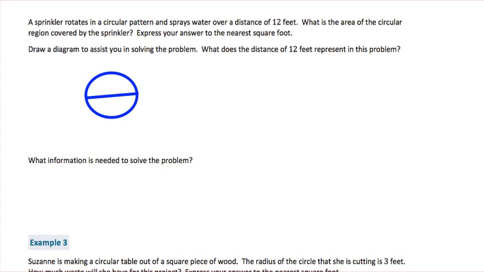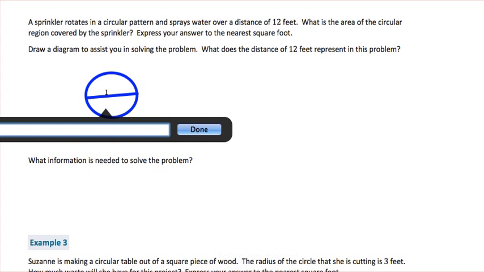So I've drawn a circle, and then I've drawn a line across the circle because it tells us that it sprays water over a distance of 12 feet. So I can assume then that that means a full distance of 12 feet.